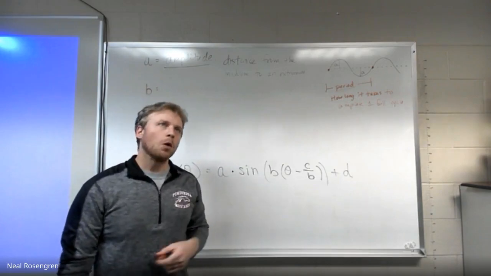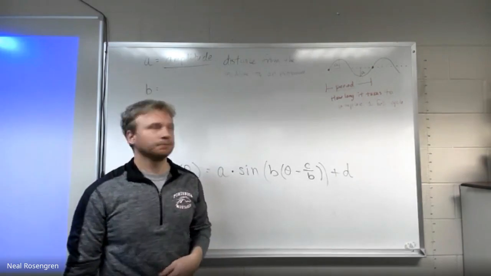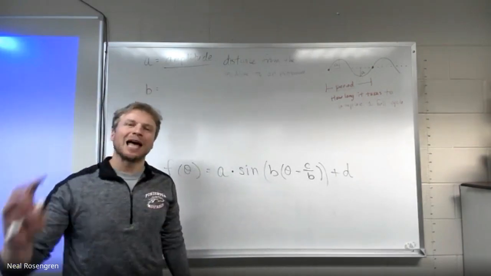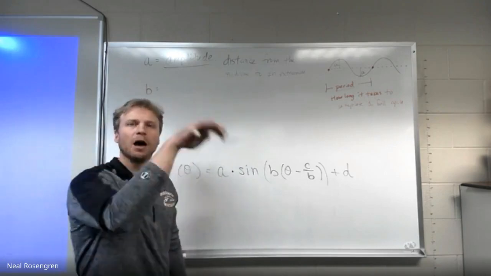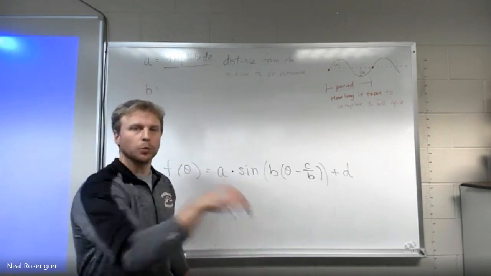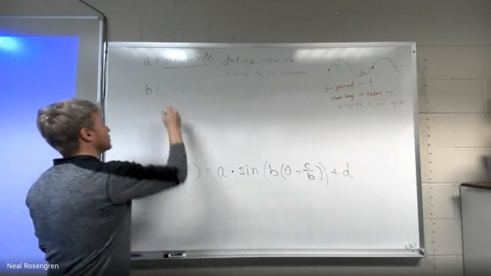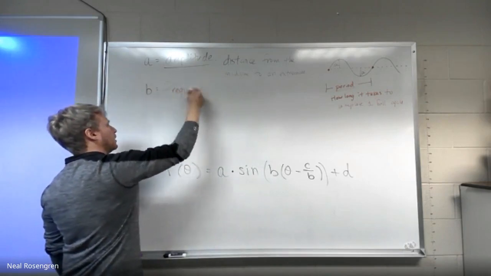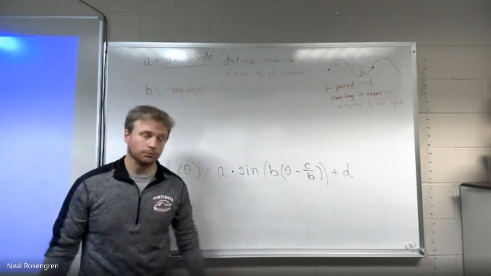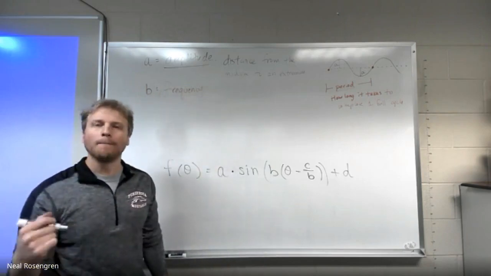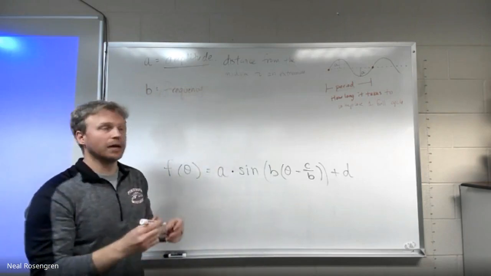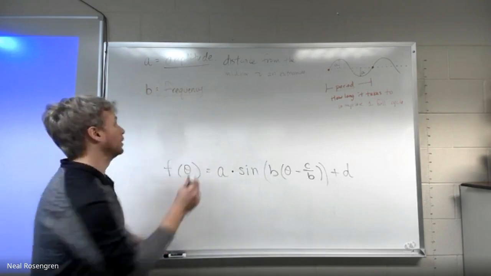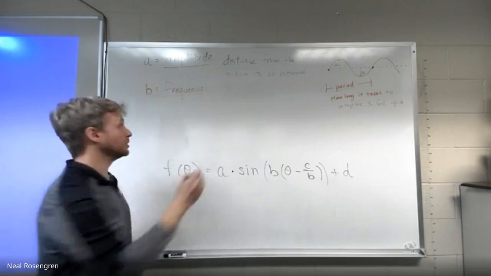And what we see when we start messing around with B is it changes how many full cycles we see, okay? So B itself is called the frequency. How many full cycles we would see appear within that normal period. Frequency.